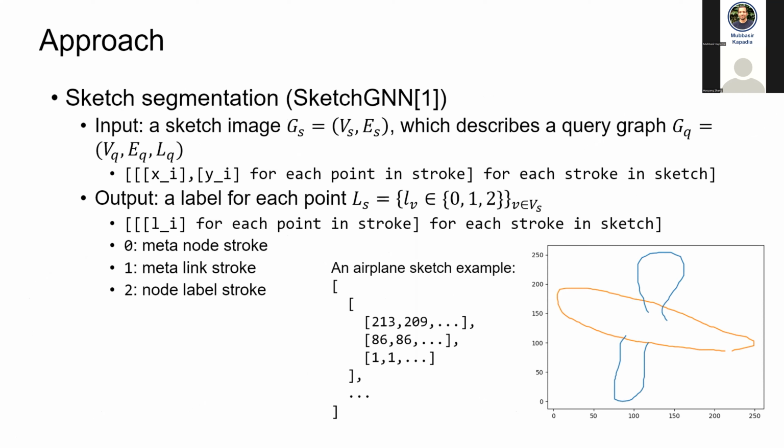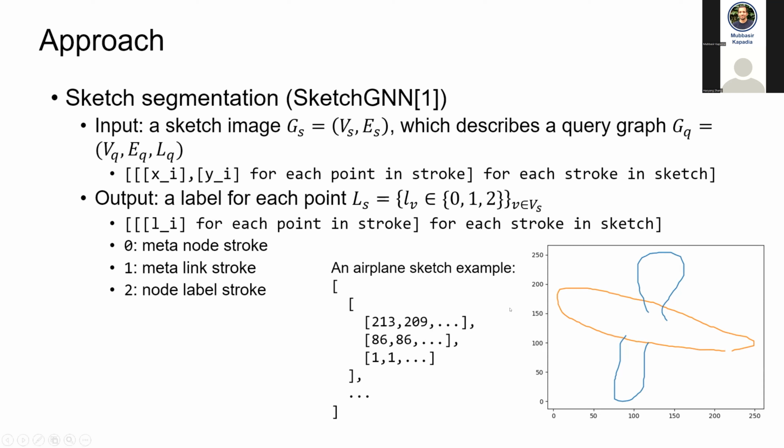So here is the detail of each module. For the sketch segmentation, we take the input of this sketch image, and we output a label for each point on this sketch. Here we use a numeric encoding where 0 indicates it's a node stroke, 1 indicates it is a link stroke, and 2 indicates it is a label stroke.